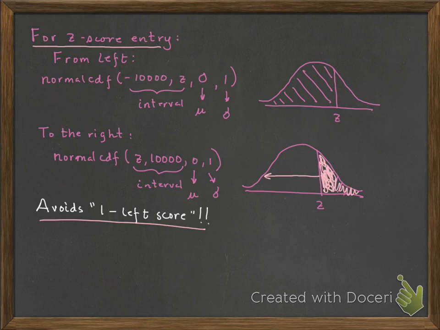So when you open up the normal CDF, it's the same interval, but instead of starting at negative infinity, we're starting at the z-score and going forward to positive 10,000, and then 0 is the mean and 1 is the standard deviation. Write that down. Hopefully you were doing that while I was talking.